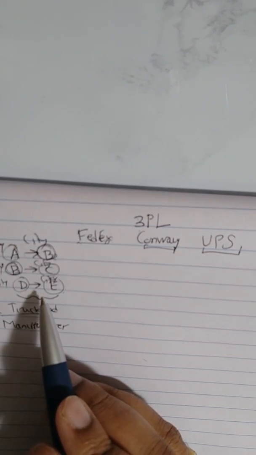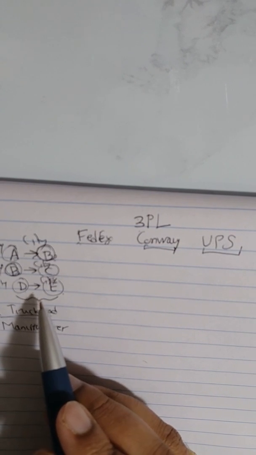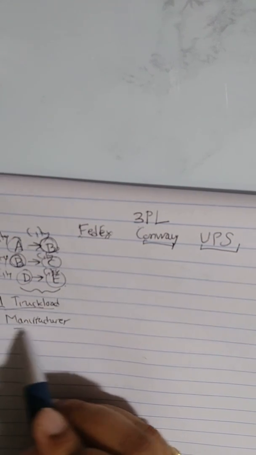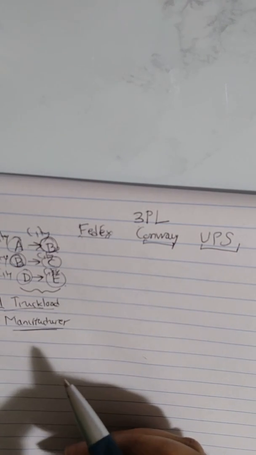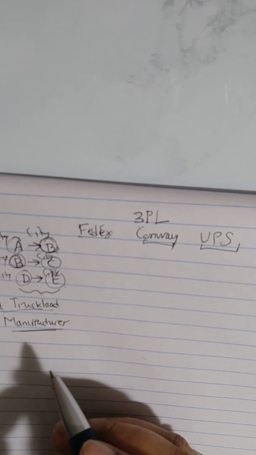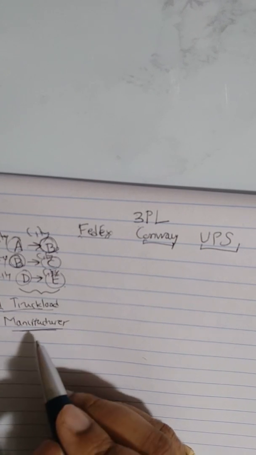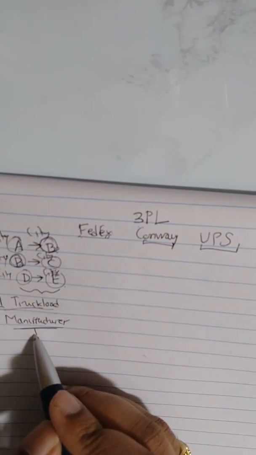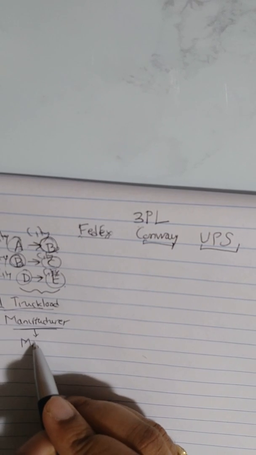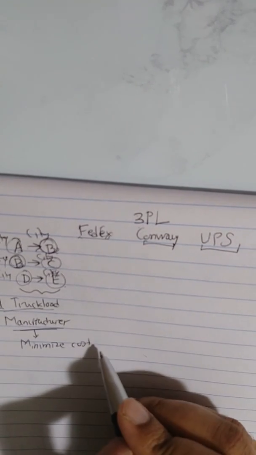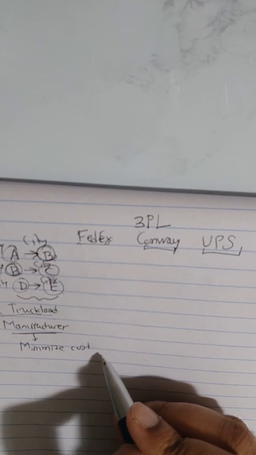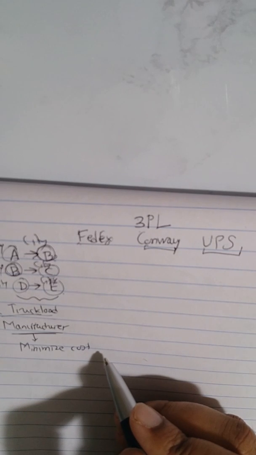Okay, and what the manufacturer wants to do is create reverse auctions for this, because in this setting it will minimize the overall cost to the manufacturer. Okay, so that's the objective, and I think this must be familiar from the last set of videos that we did on reverse auctions.